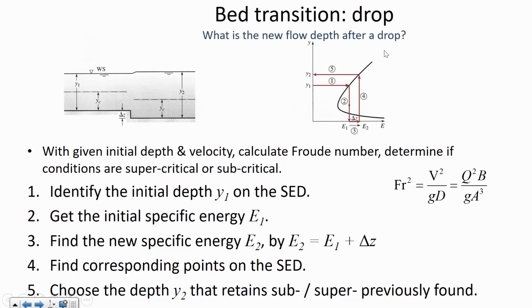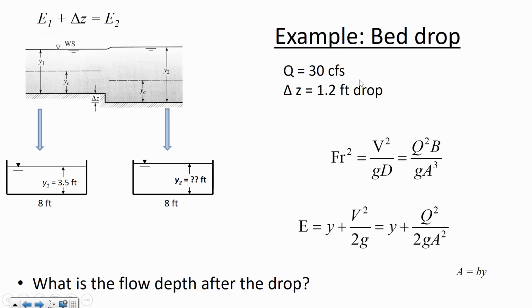You just put in a bunch of possible depths, a bunch of corresponding velocities and so on for a certain flow rate. But we can also solve it without using the spreadsheet. We can solve directly by setting up a cubic equation and solving for the roots. And so that's what we're going to do in this example.